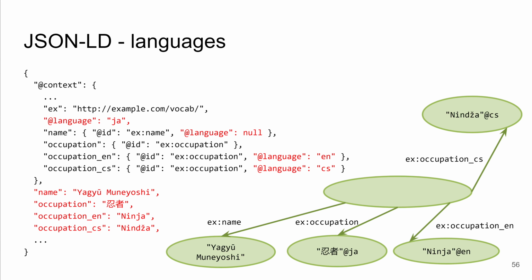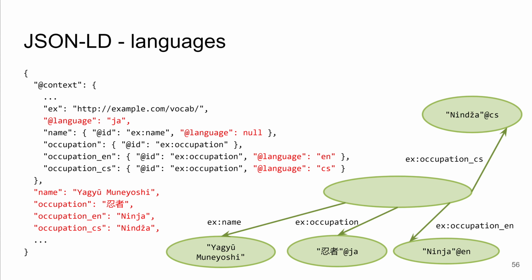Then for occupation, we map occupation to a predicate, but we do not specify any language, which means that it will be in Japanese, since that is the context-wide language. And then we have occupation_en. For that, we say that the value will be in English, and occupation_cs. And here we say that the language will be Czech.